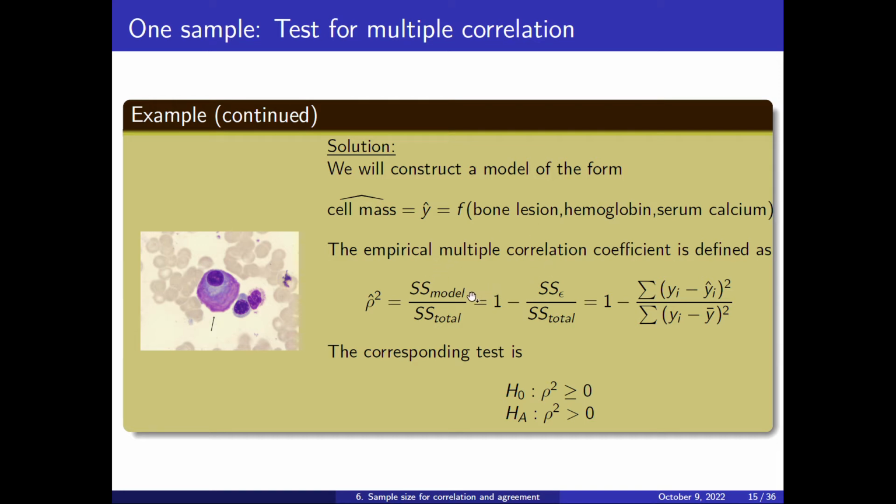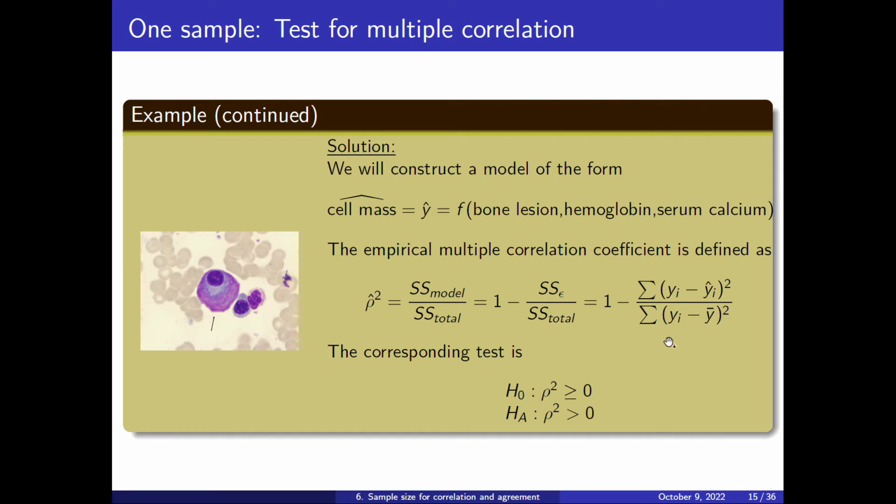You will have your observations, and you will have the difference between your observations and your predictions. So if you make perfect predictions, then this will be 0. And you divide that by your observations minus the mean of the observations.